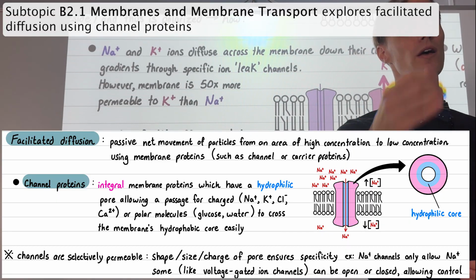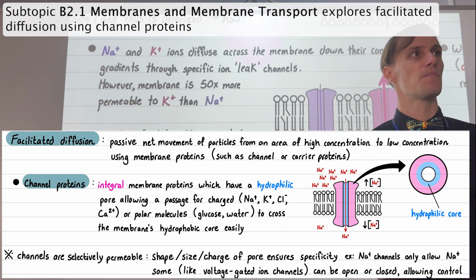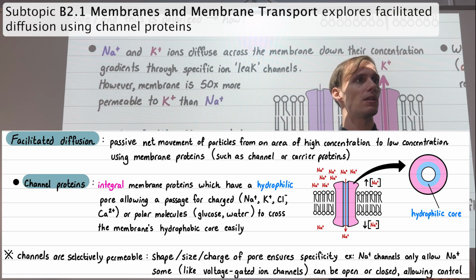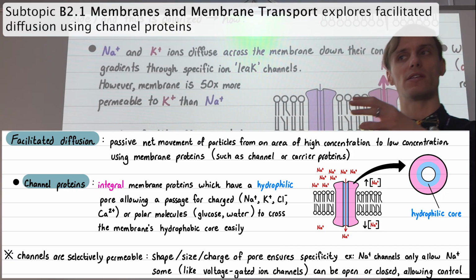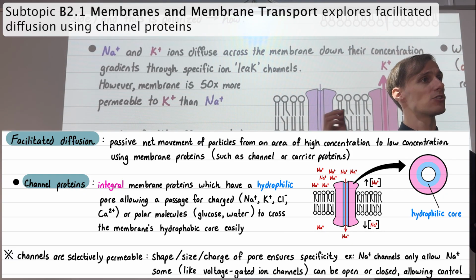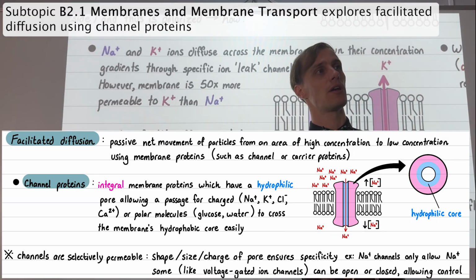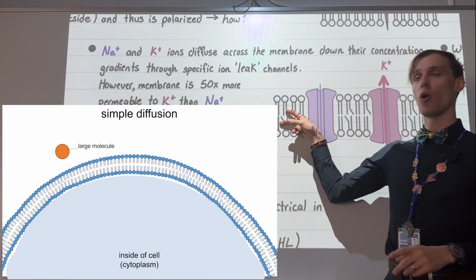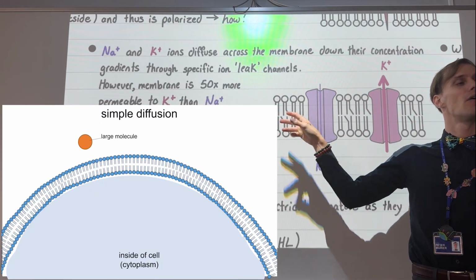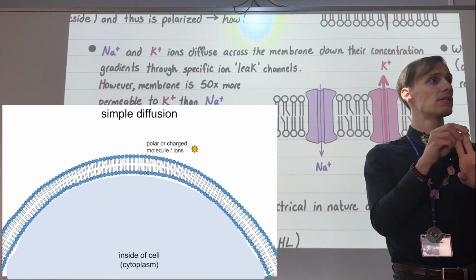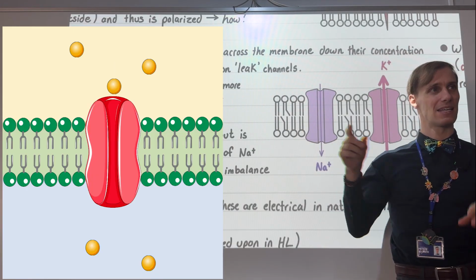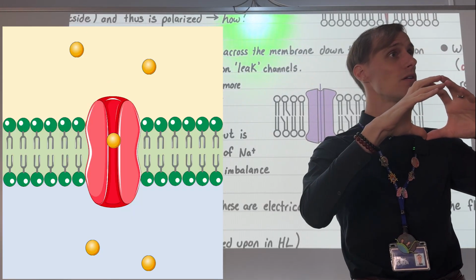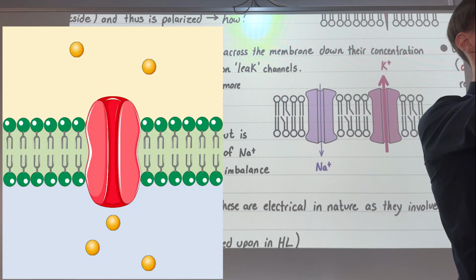And recall that diffusion is a passive process, meaning that I don't require ATP, and substances, in this case ions, are going to move down their respective gradients. The hydrophobic core would not allow most hydrophilic and charged particles to pass through. So these are acting kind of like a pore or a tunnel, allowing something to pass through.